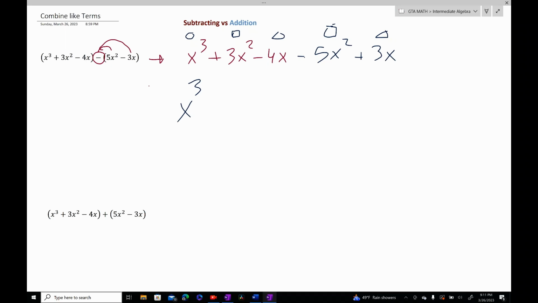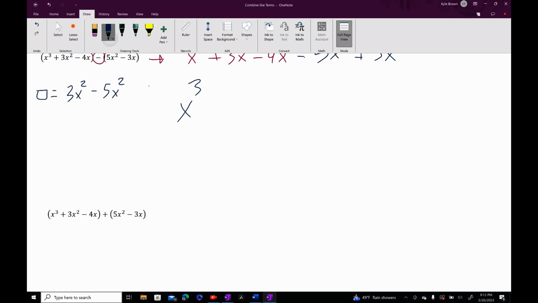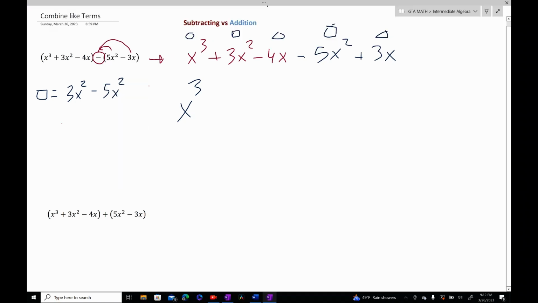Our squares equal 3x squared minus 5x squared. And if we do the math, 3 minus 5 x squared equals negative 2x squared. So then we're going to add that here.